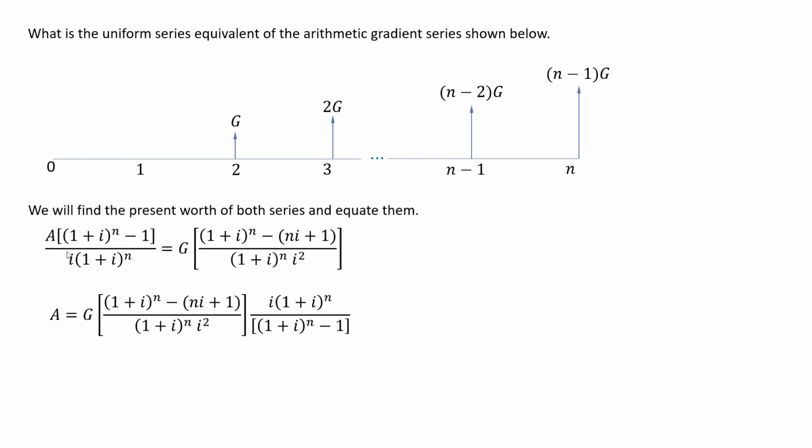Divide by the coefficient of A, or multiply by its reciprocal. That's exactly what I'm doing. Notice I times (1 plus I)^n, which was in the denominator, came up to the top. (1 plus I)^n minus 1 came down to the bottom. Now, would you agree (1 plus I)^n and (1 plus I)^n cancel? I over I squared becomes 1 over I. That's it.